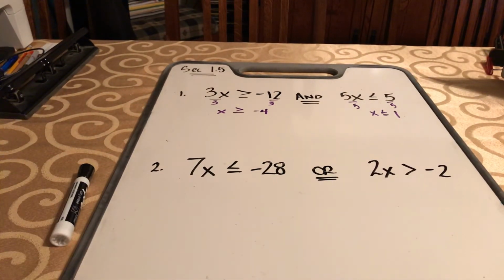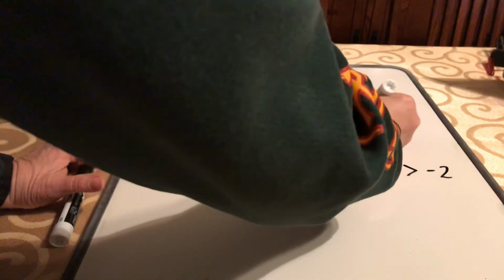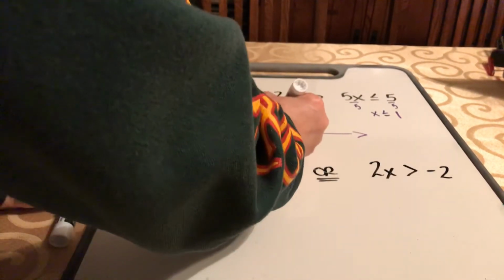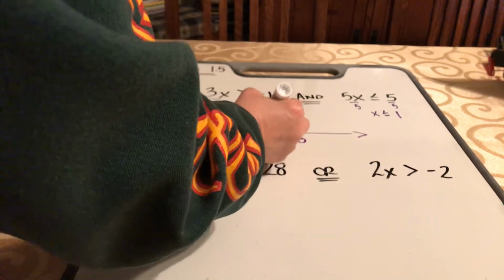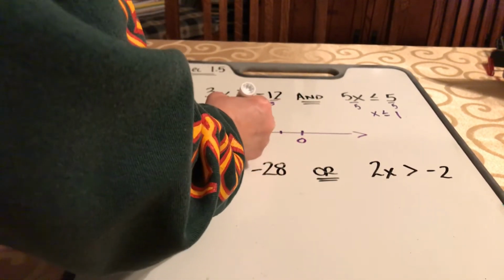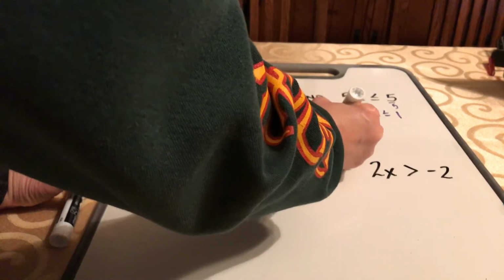Now our last step is to make our number line and shade to show all the possible solutions to this compound inequality. We make a number line and put our key numbers on there: 0, negative 1, negative 2, negative 3, negative 4 there, and positive 1 over there.